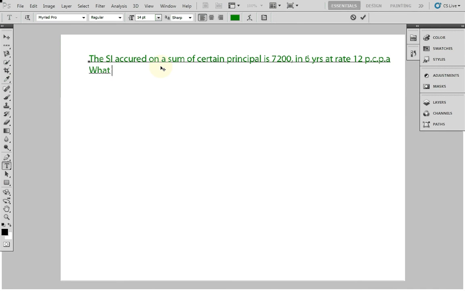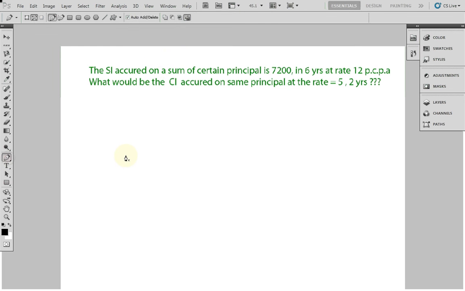What would be the compound interest accrued on the same principal at the rate 5 percent per annum in 2 years?